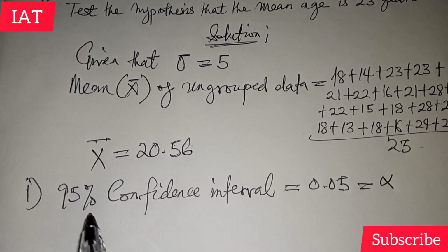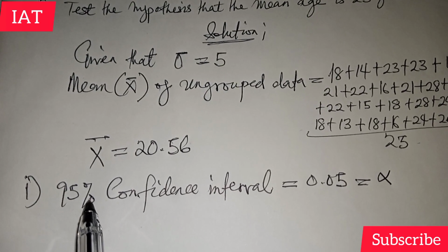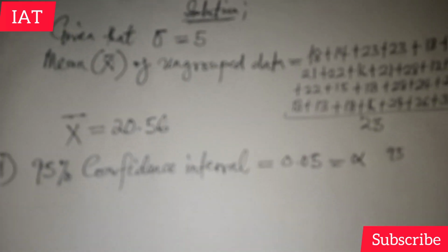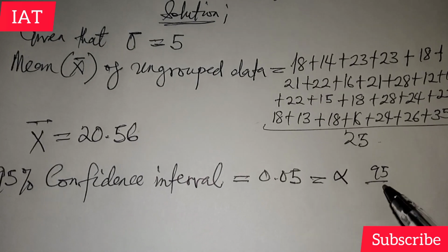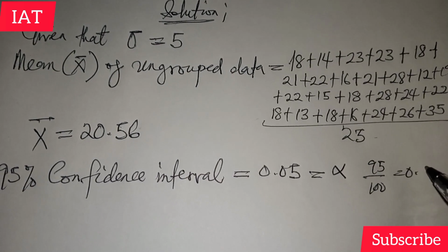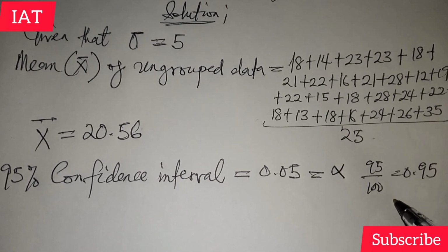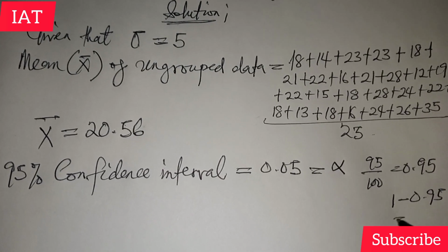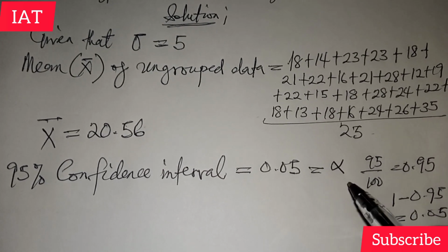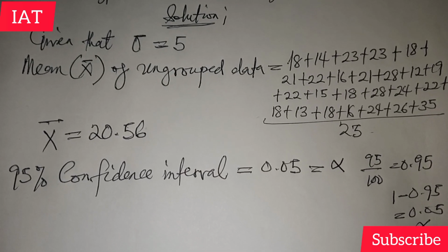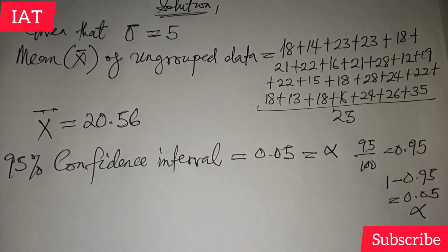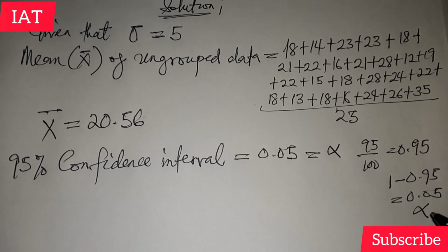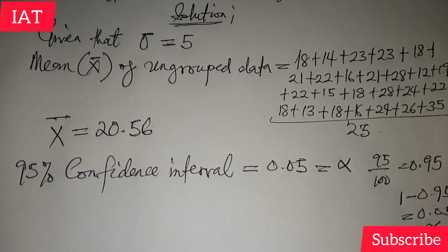If you divide 95 by 100, 95% means 95 over 100, and there will be 0.95. So you have to subtract this value from 1, and you have 0.05. And this value is for the symbol alpha, which is for the confidence interval. And this has been discussed in that video. So make sure you watch that video if you've not. All right.